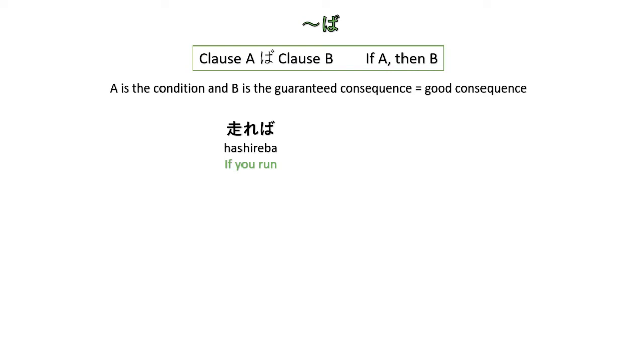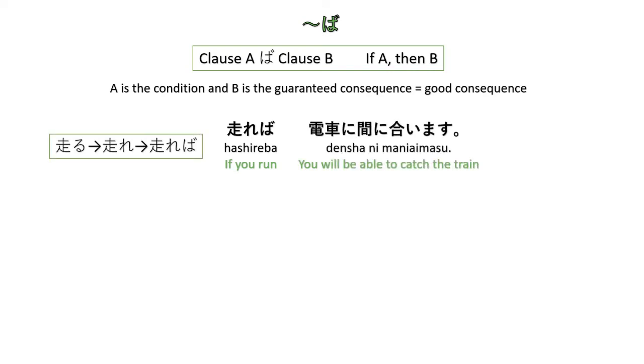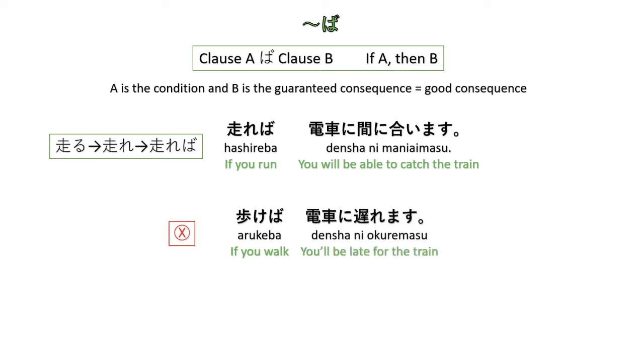For example, hashireba, if you run, hashireba densha ni maniaimasu. If you run, you'll be able to catch the train. Another is arukeba densha ni okuremasu. If you walk, you'll be late for the train.